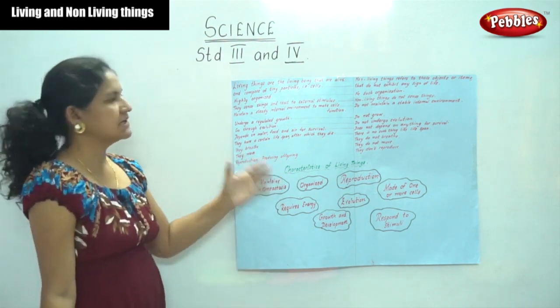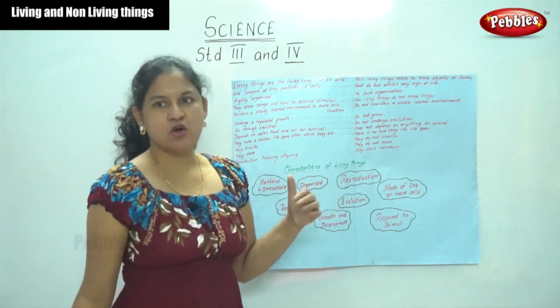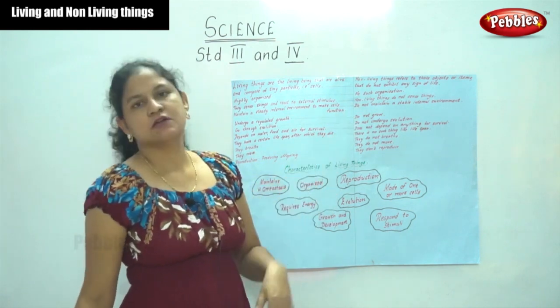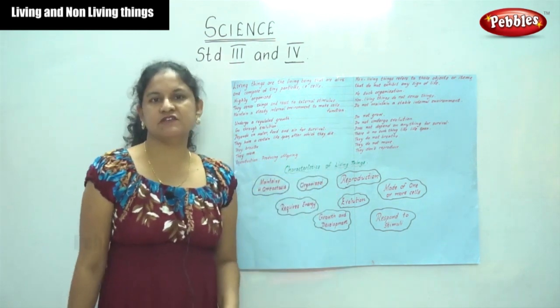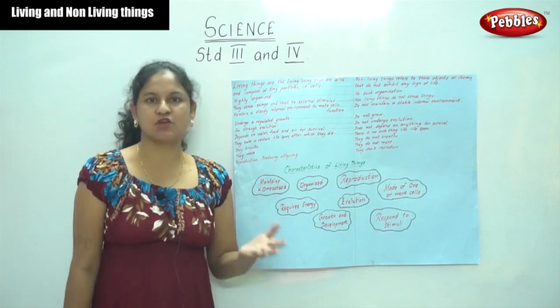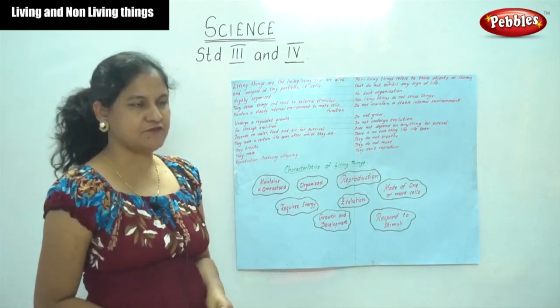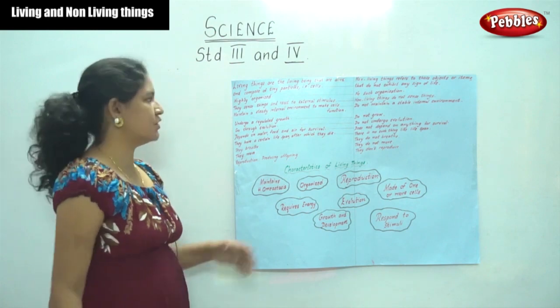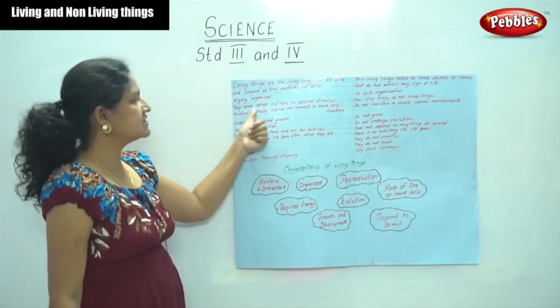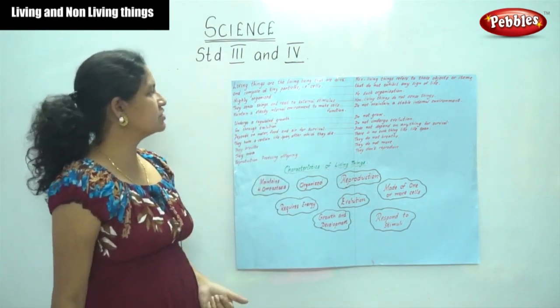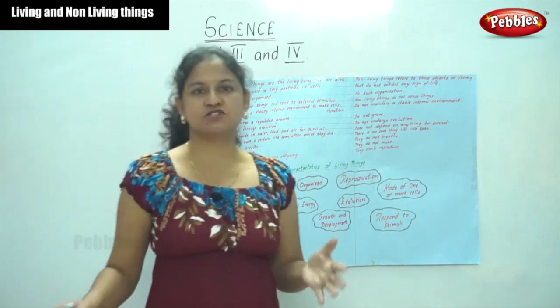A second is living things are highly organized, but non-living things don't have such kind of organization because they do not have life. The third main point is living things sense things and react to external stimulus.